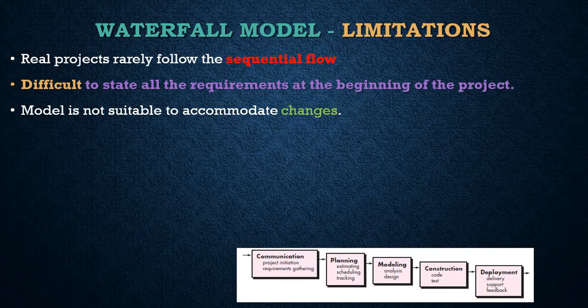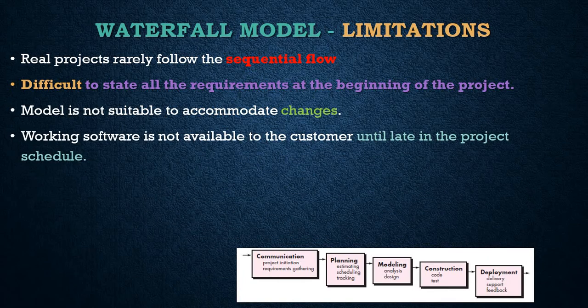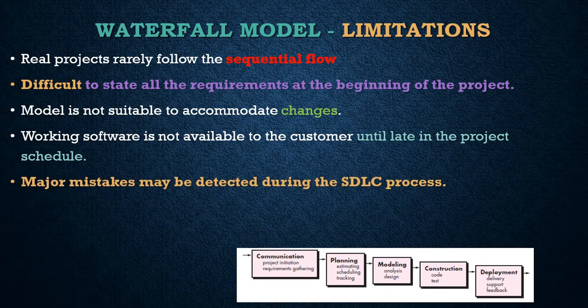Another important point to note is that the working version of the programs will not be available to the customer until late in the project schedule. This indicates that, if any major mistakes remain undetected until the working program is reviewed, the situation can become disastrous.